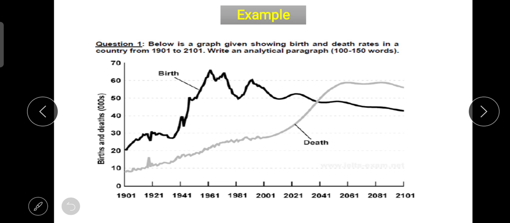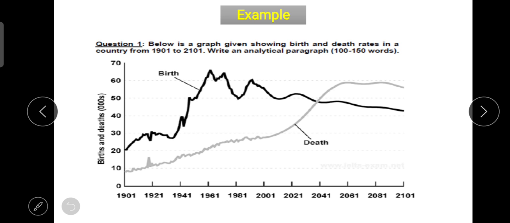We need to make little changes over here. Given graph showing birth. So we can start like the given graph or the given data shows or expresses, explains, demonstrates, represents or presents. Any way we can start with.